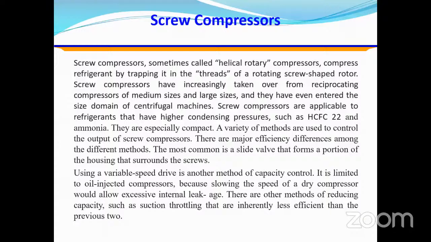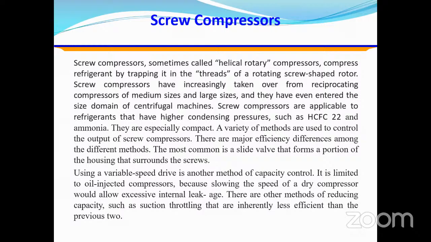It is limited to oil-injected compressors because slowing the speed of a dry compressor would allow excessive internal leakage. There are other methods of reducing capacity, such as suction throttling, that are inherently less efficient than the previous two.